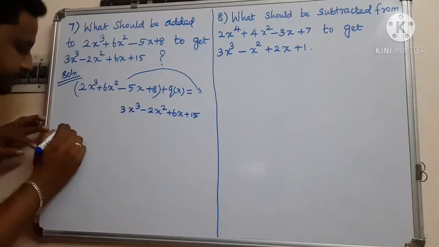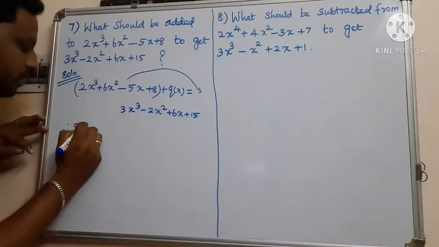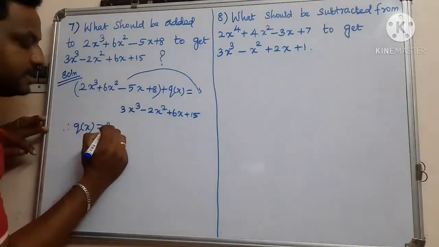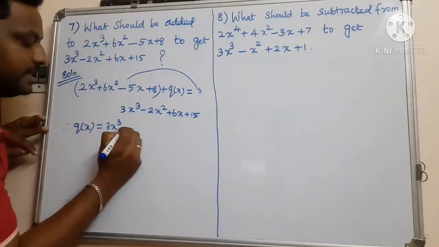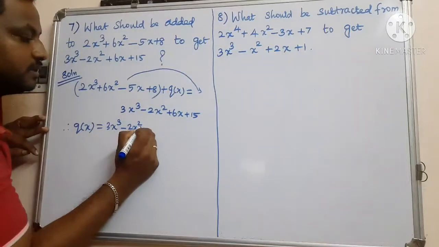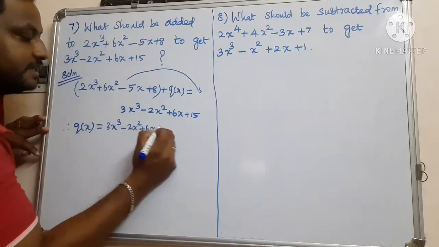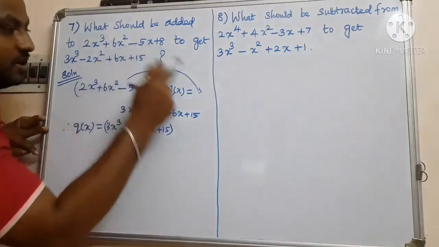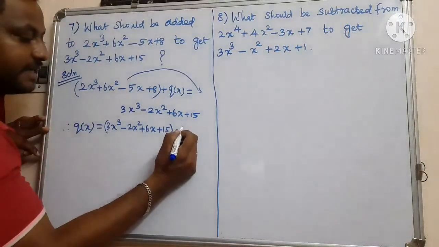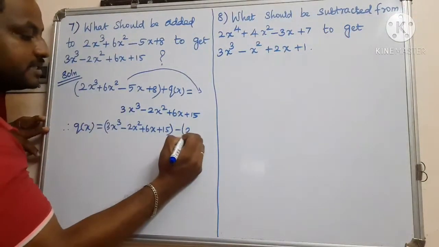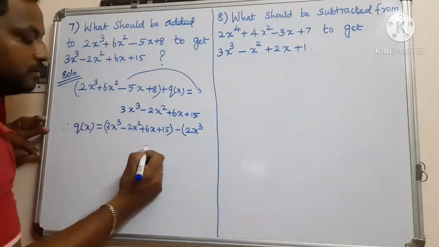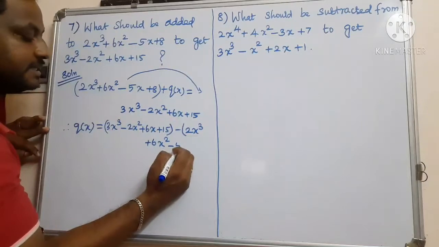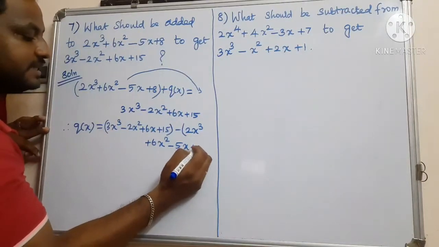So therefore q of x is equal to, already 3x cube minus 2x square plus 6x plus 15 is there. This polynomial should be shifted over here, minus 2x cube plus 6x square minus 5x plus 8.